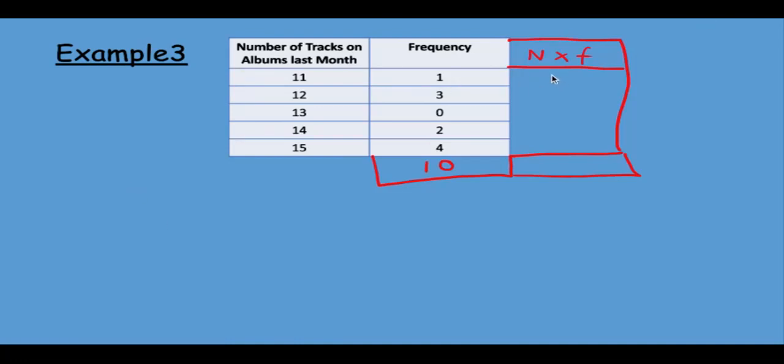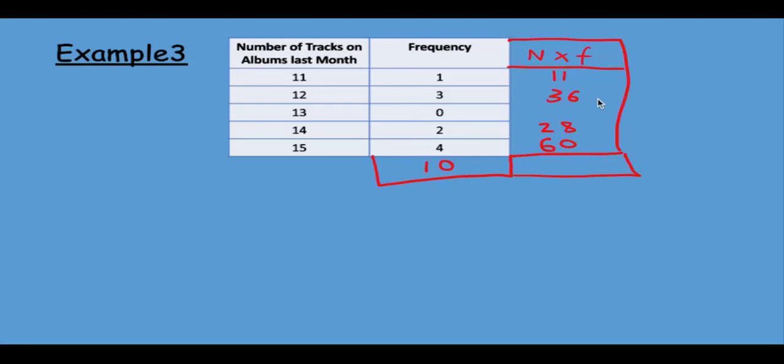So 11 times 1 is 11. 12 times 3 is 36. 13 times 0 is 0. 14 times 2 is 28. And then 15 times 4 is 60. I have to think about that for a moment.